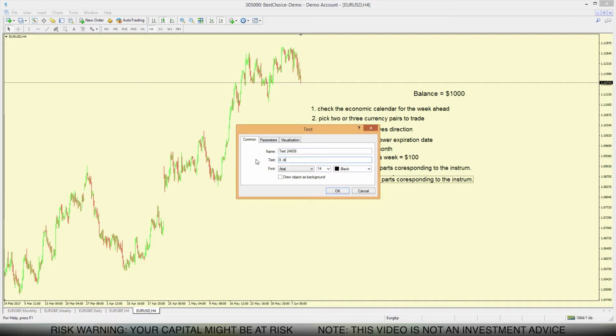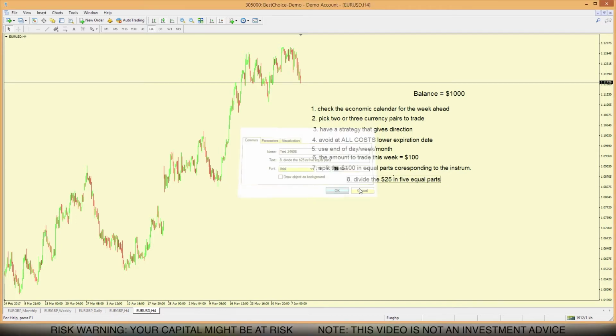So divide the $25 amount in 5 equal parts. So it will give you 5 opportunities during the trading week to trade every currency pair. So 4 currency pairs, 5 opportunities, you will have 20 options to trade in a week.